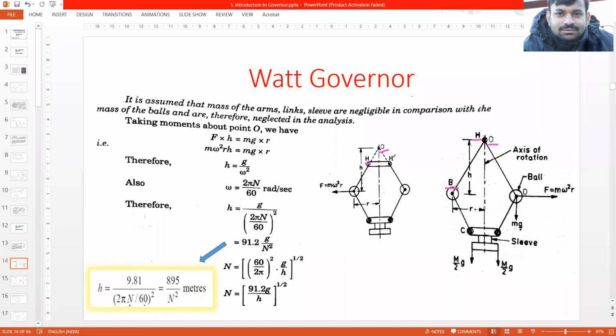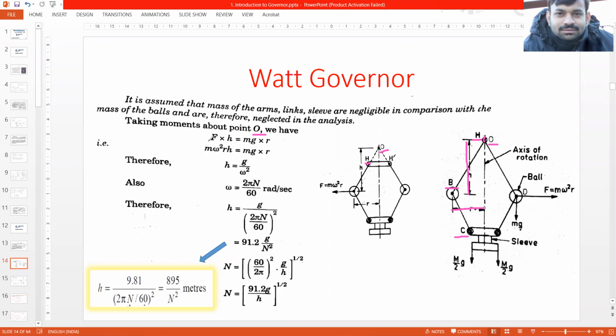The balls are situated at point B, and the sleeve is attached at point C. R is the radius of rotation and small h is the height. So, taking the moment about point O.